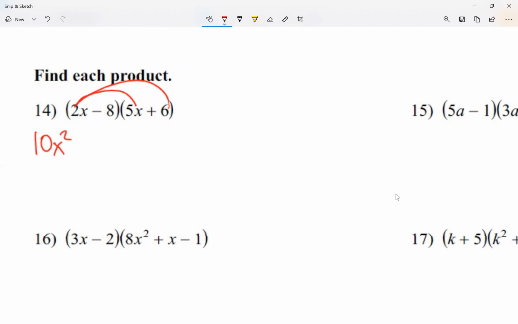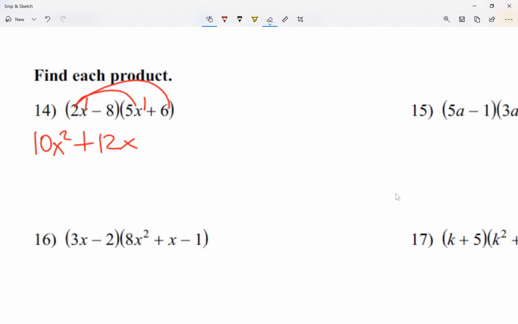But x times x, we just add the exponents. It was basically x to the 1 with x to the 1, so I called it x to the second. Now 2x times 6 is going to give me 12x. 2 times 6 is 12, and only one of them had a letter, so I just copied the x.